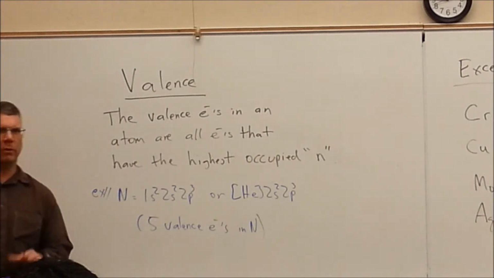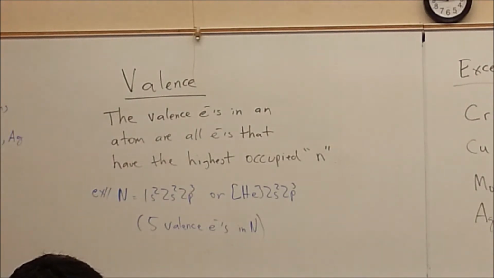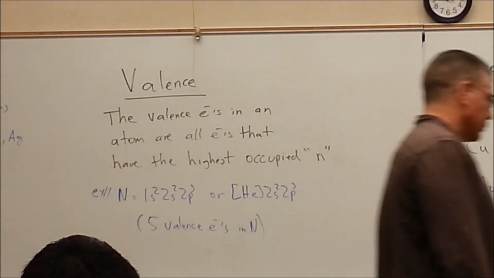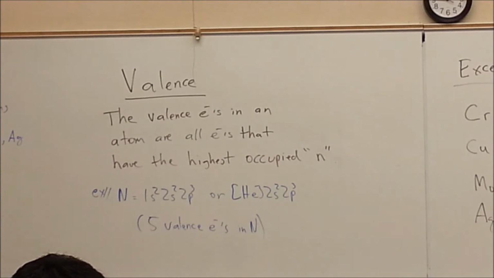I'm seeing some frowns out there. Is there something that's not clear about that? The definition of valence electrons: how we know which electrons are valence electrons, and how many electrons in an atom are valence electrons. It's really simple. You just look at n, the principal energy level, the number in front of the letters.